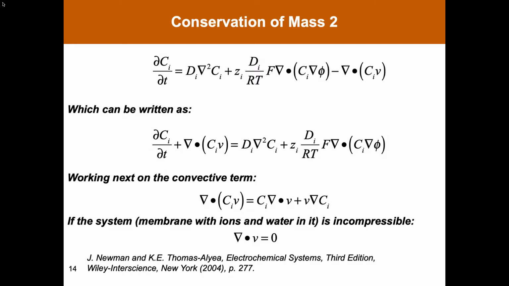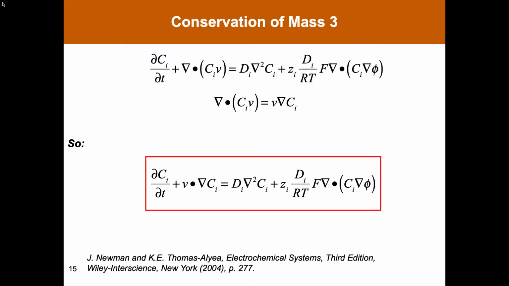And so if any of these terms or steps aren't clear, please ask me, or better yet, ask Rahul. And we assume the system is incompressible, so the divergence of velocity is 0. And we've come up with the final expression for the transient conservation of mass that's shown here.